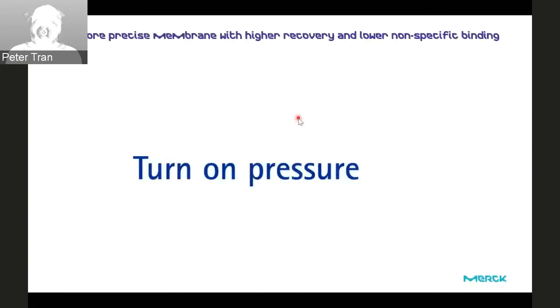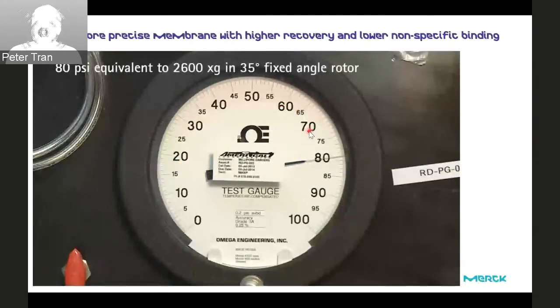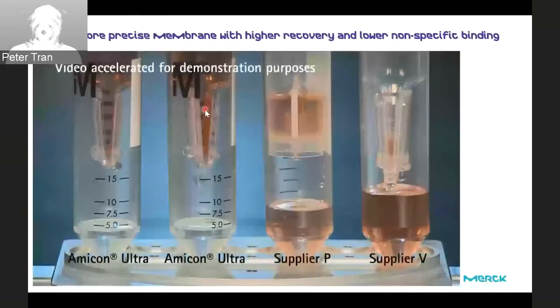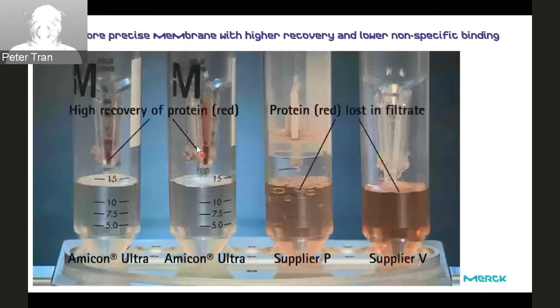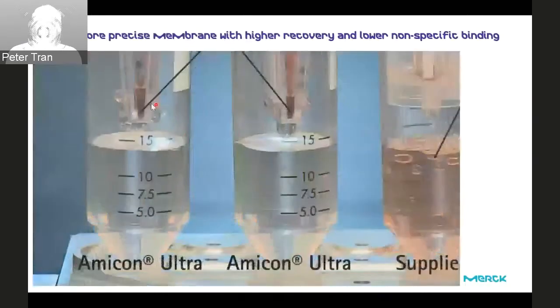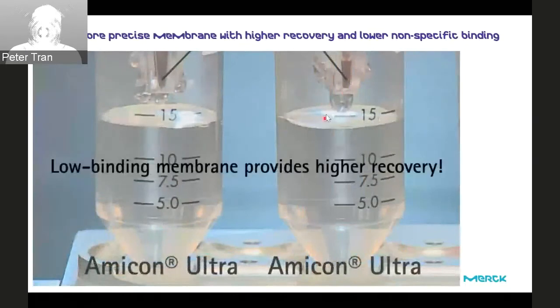The protein sample was the red color. It's cytochrome, about 12 kilodalton. We apply the pressure. You can see with the PES membrane, the protein just leaks through the filter. With the RC membrane, with a tighter pore structure, the protein is retained within the filter.